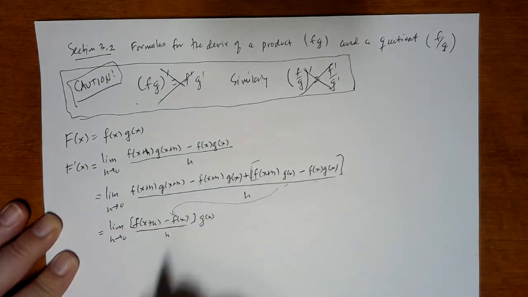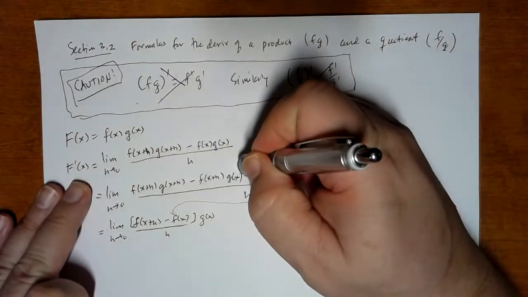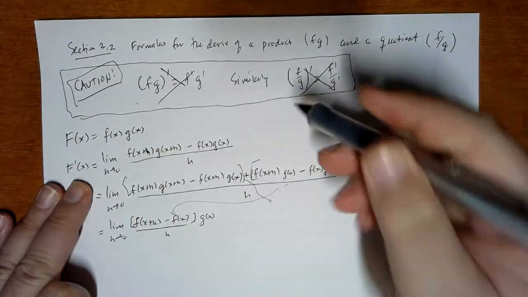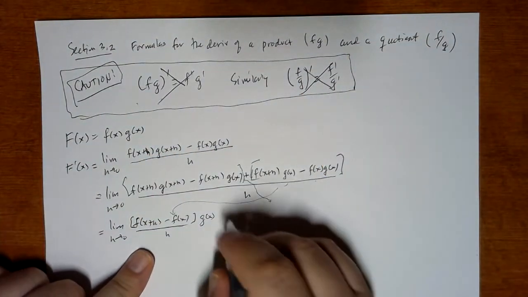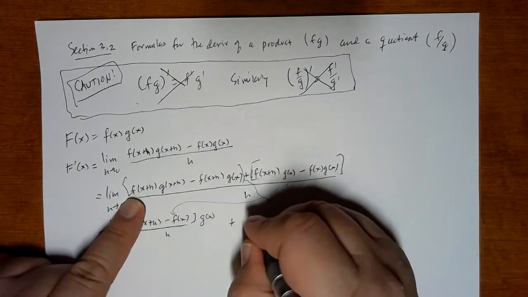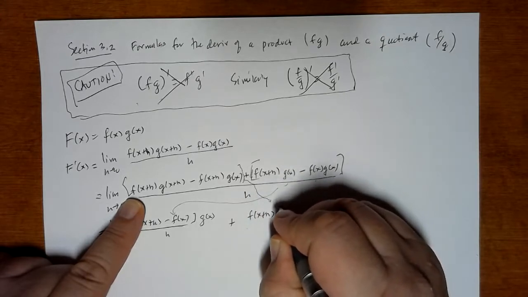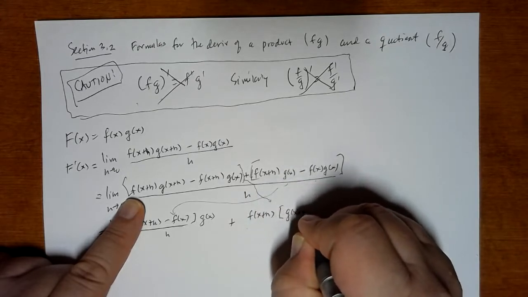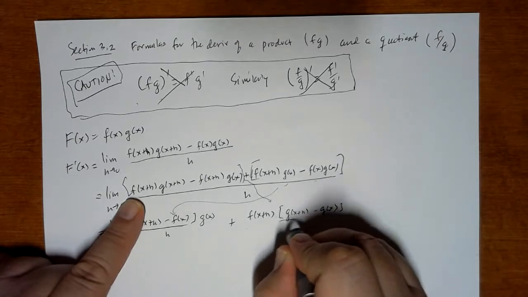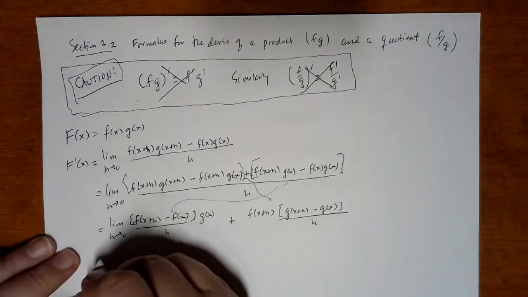I'll put that there as a suggestion, so it's kind of suggestive, right? And then this one I'm going to put over here because I'm looking for a specific formula at the end here. And so here I'm going to factor out the f of x plus h, and then I'll be left with g of x plus h minus g of x divided by h. Good. And now here we go.